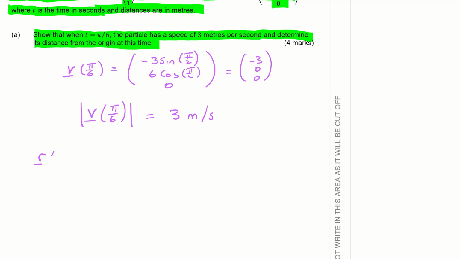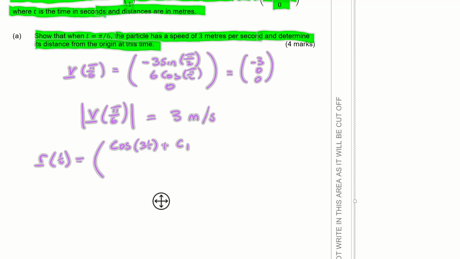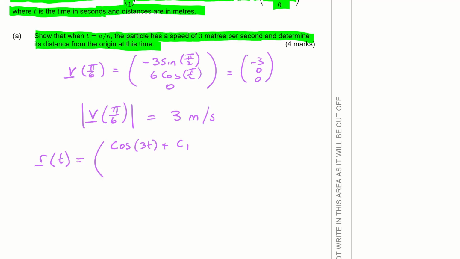Now, to get r, we are going to integrate. That is going to give me cos 3t plus a constant, 2 sin 3t plus a constant, remembering to use the reverse chain rule when we're integrating, and constant 3.